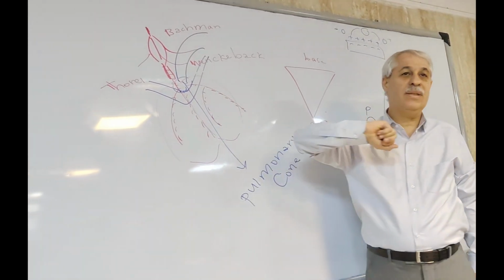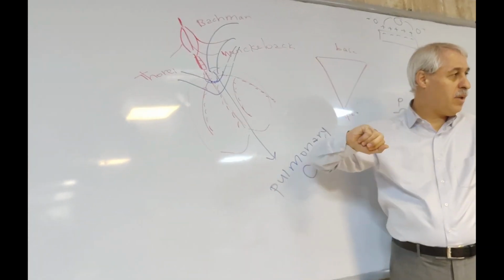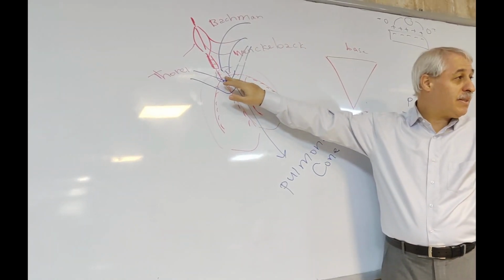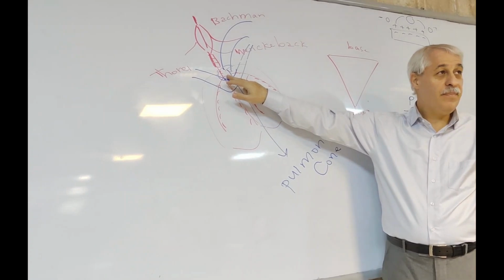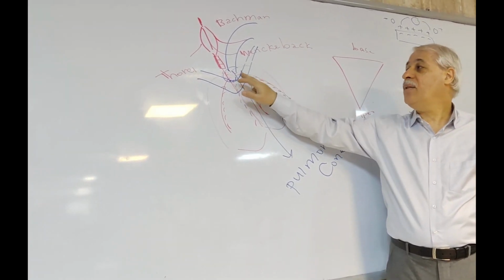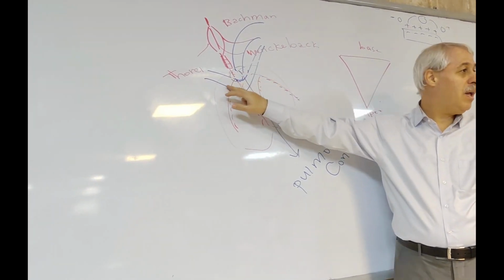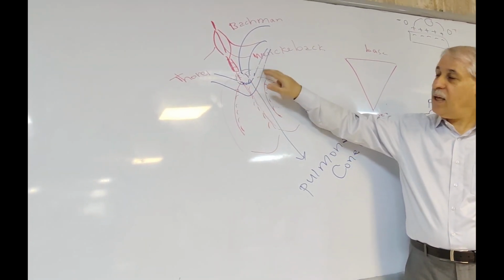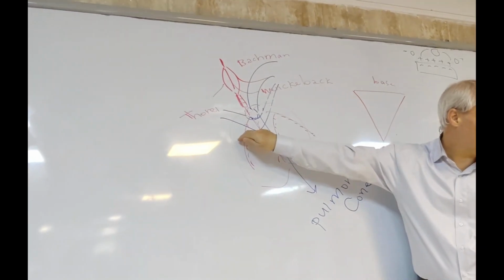The first part in the ventricle that is depolarized is the interventricular septum beneath the atrioventricular valve, which is depolarized from the left to the right.